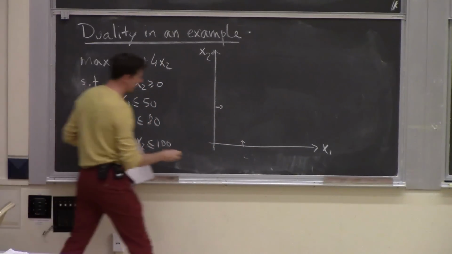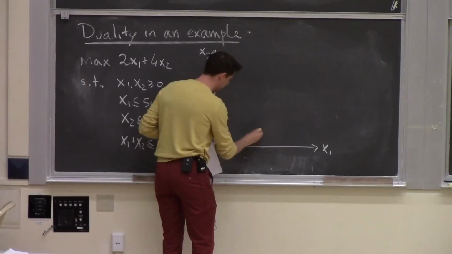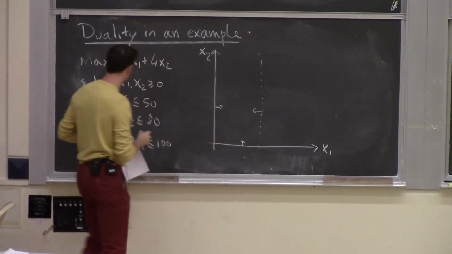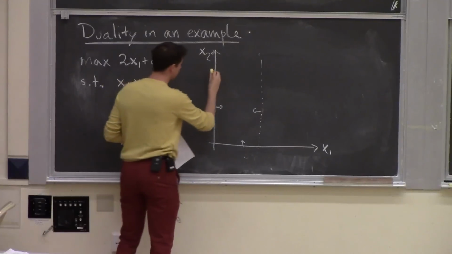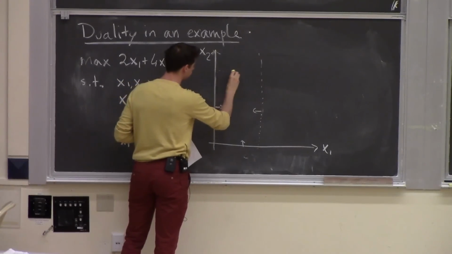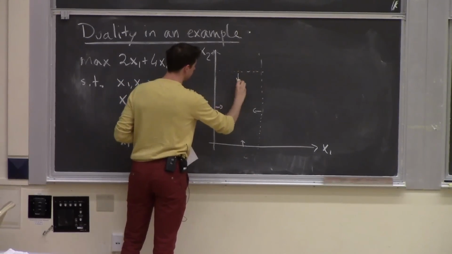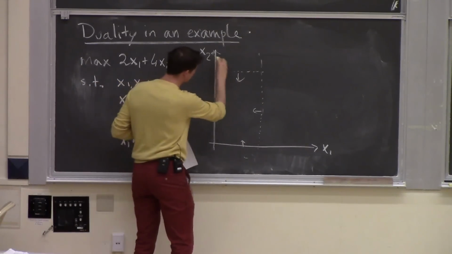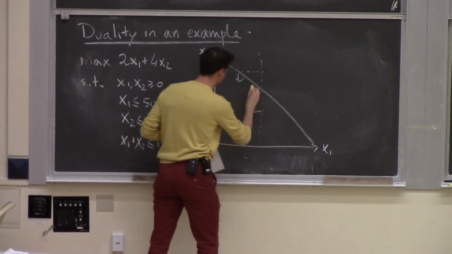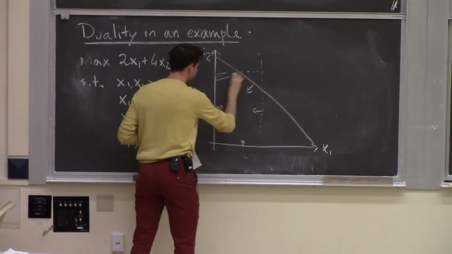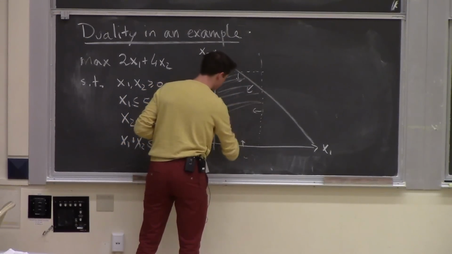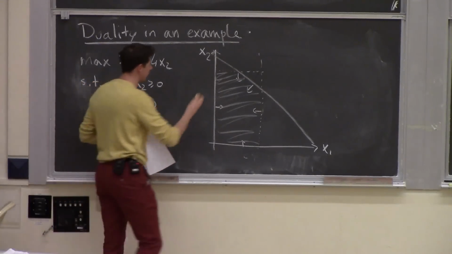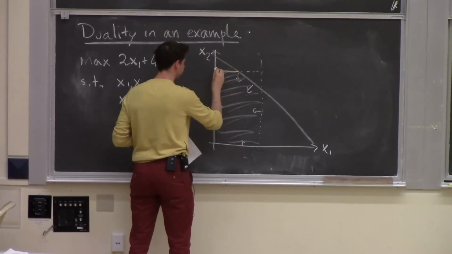This upper bound says stay in this side, and this other upper bound is this line here that says stay in this side. So overall, the feasible set of solutions was inside this region.